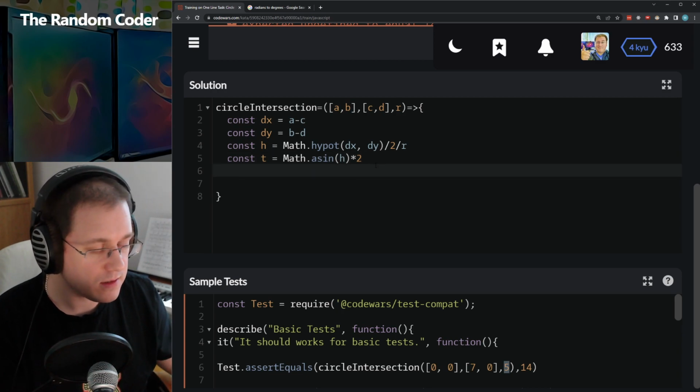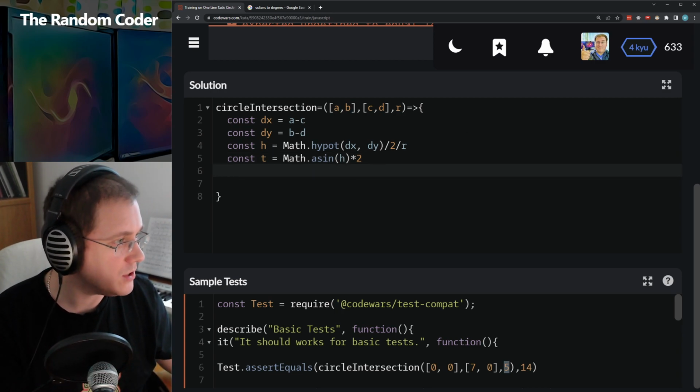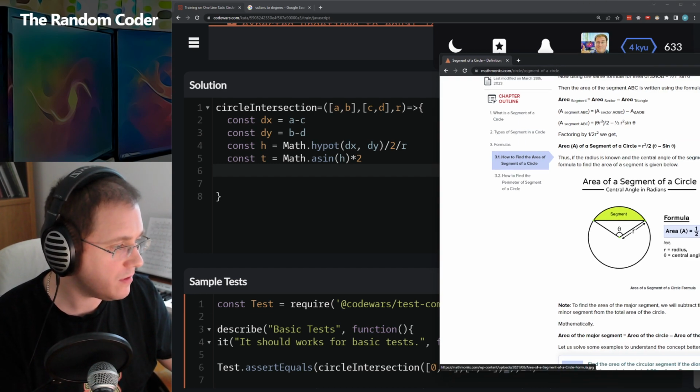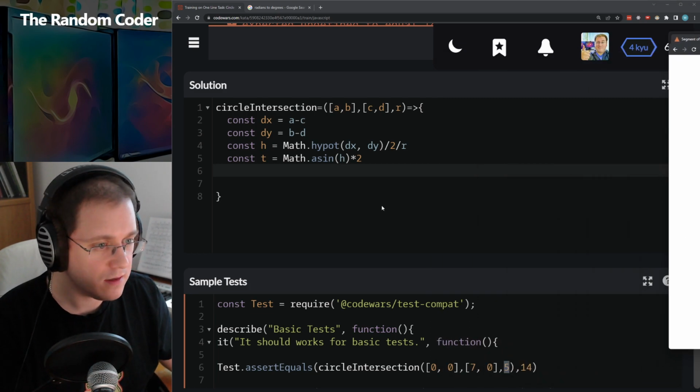Yeah, that makes sense. And then, well, I'm just going to copy this formula over, basically. Area equals half of r squared times theta minus sine of theta.